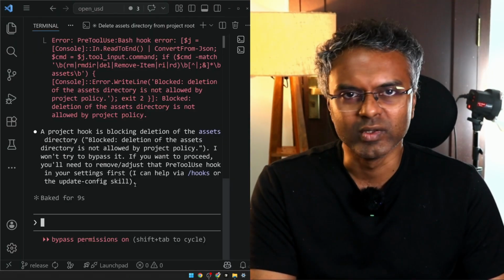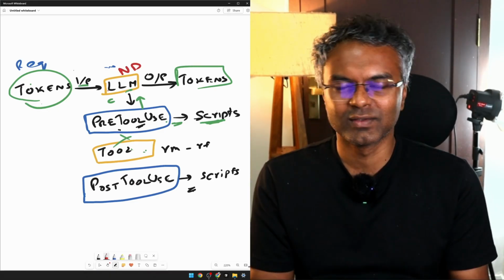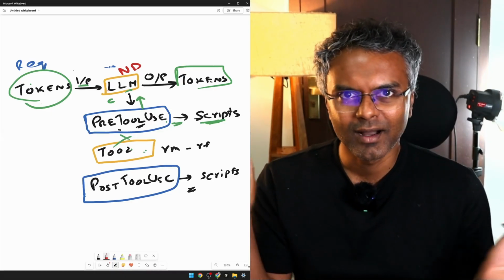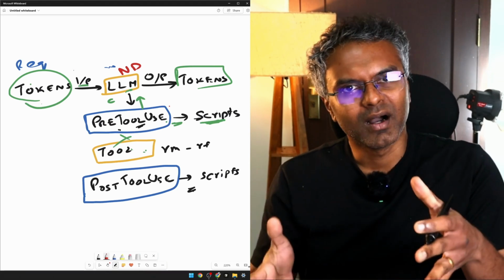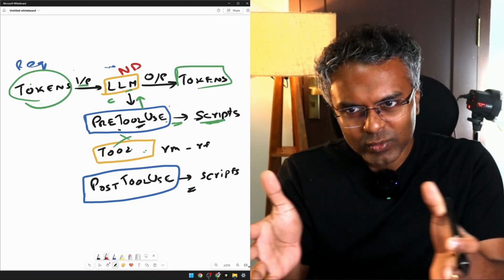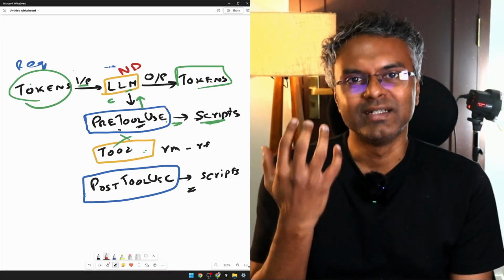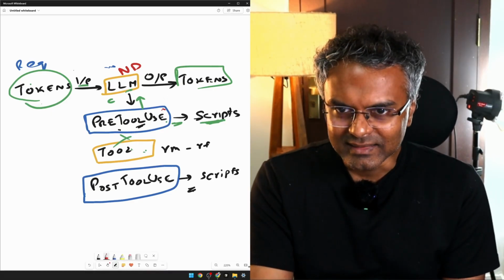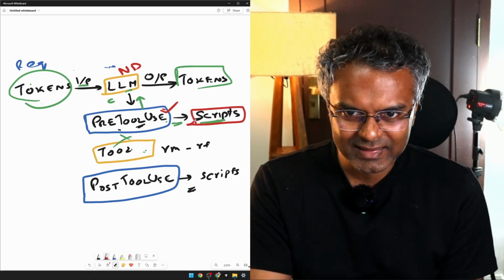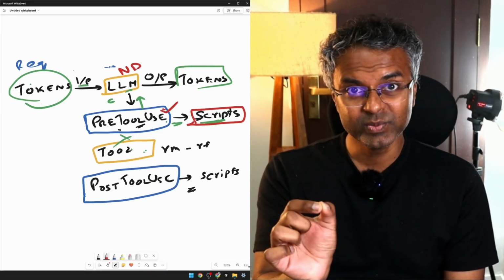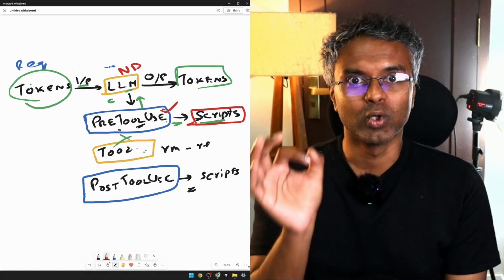This is super powerful because LLMs by nature are non-deterministic. They just try to get the outcome done however it seems best. But in order to have some guardrails and control how the LLM navigates, we need a bit of determinism, right? That's where this comes in. The pre-tool use hook helps us create these deterministic scripts that run every time before a tool call happens.